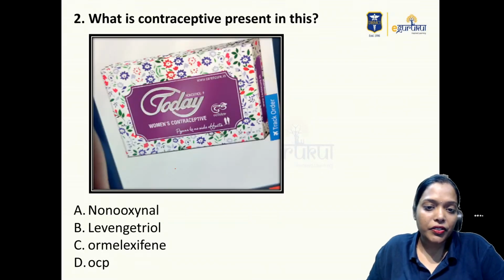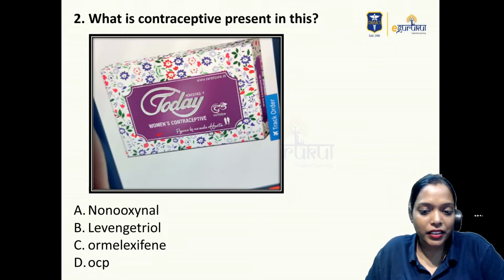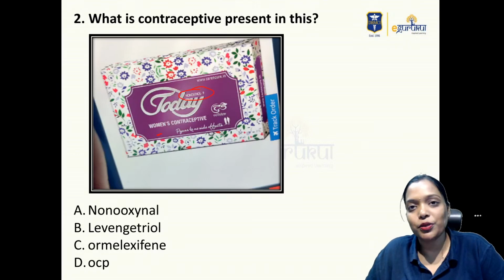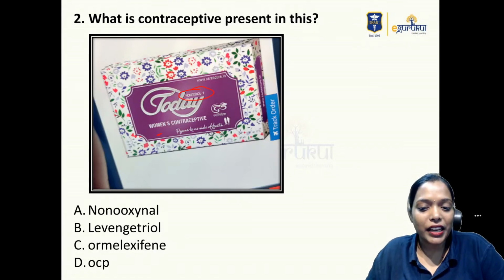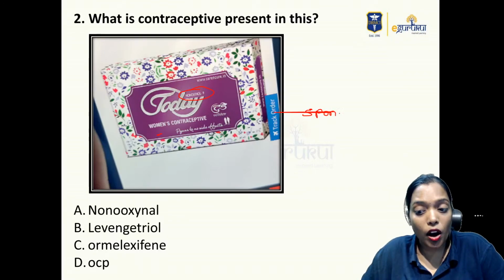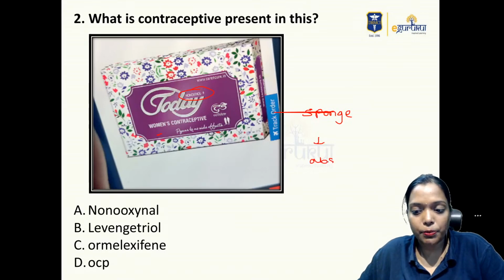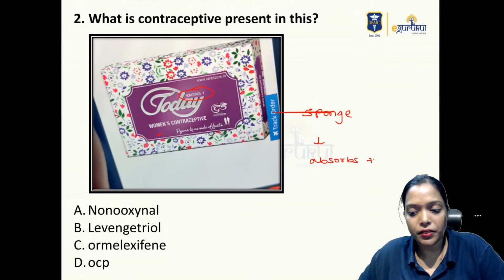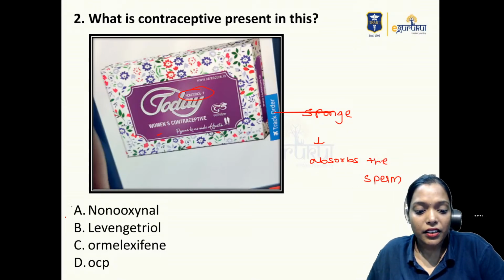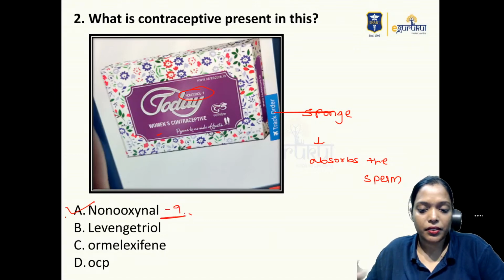Next question we had was, what is the contraceptive present in this? I think it is written here in the image if you see clearly. This is Today sponge, which absorbs the sperm and releases nonoxynol-9 and kills the sperms, right?